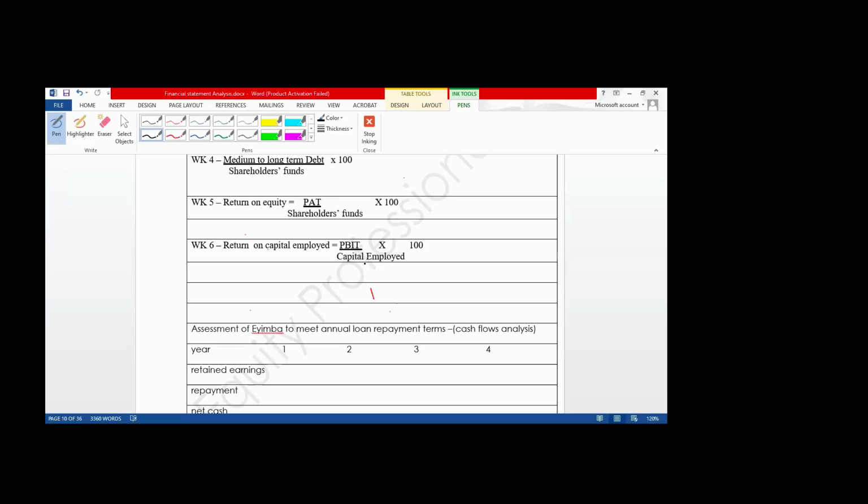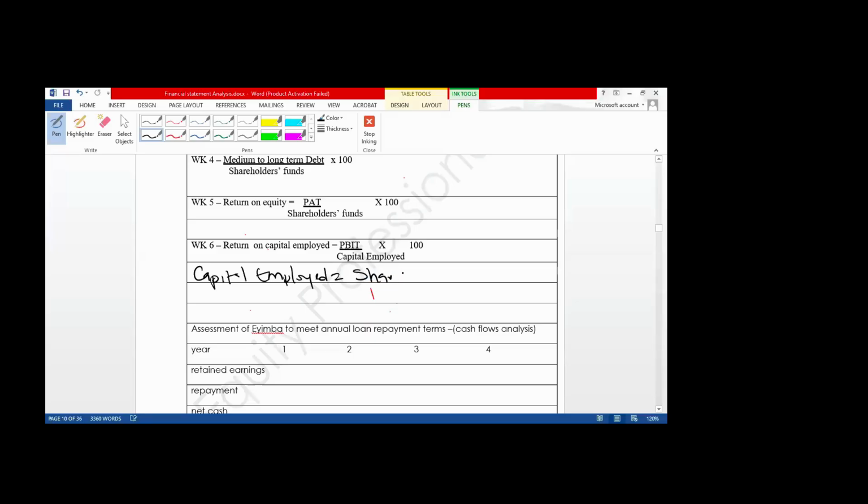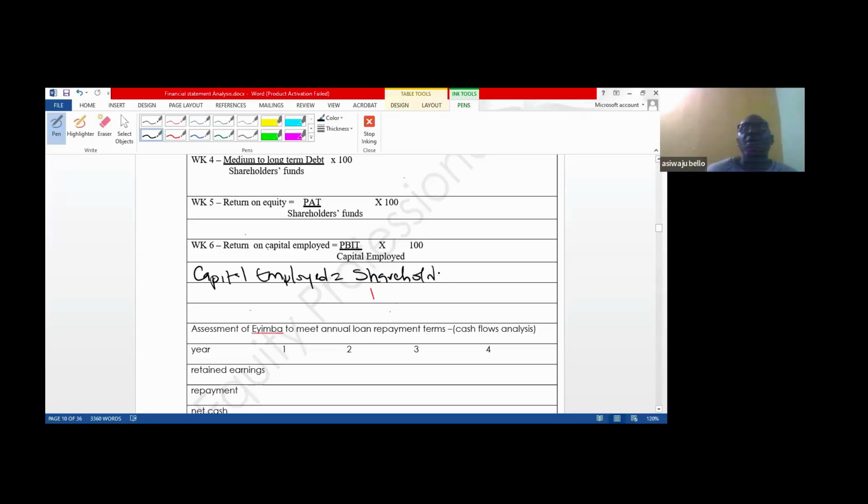Your capital employed is shareholders' funds plus long-term debt.